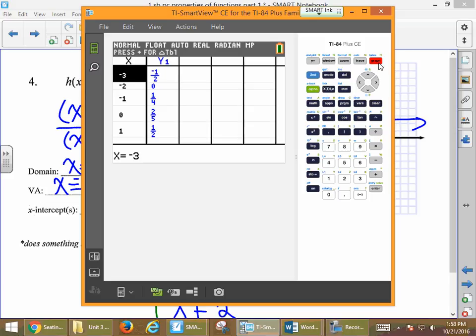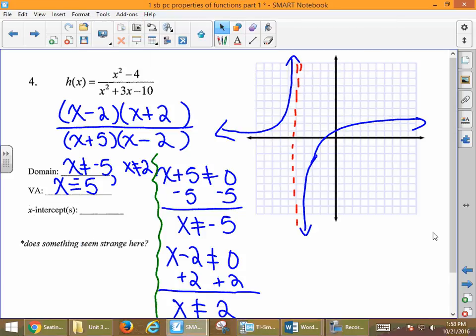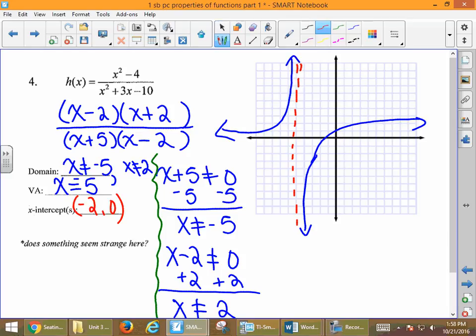So what we ended up with here is our x-intercept of negative 2, 0. That we simply got from the table. But what seems strange here is that we had two values that are excluded from the domain and only one gap in our graph, if it even seems strange.